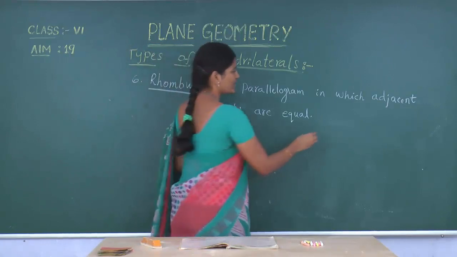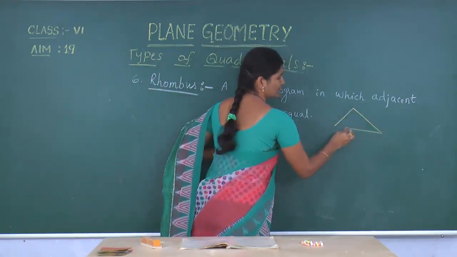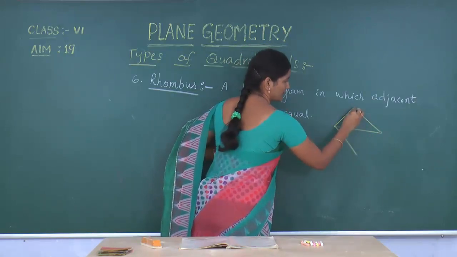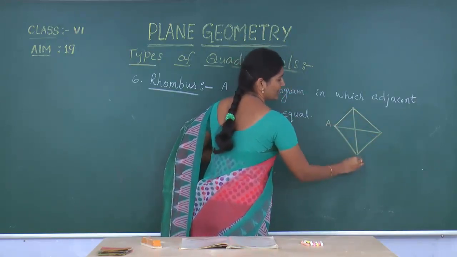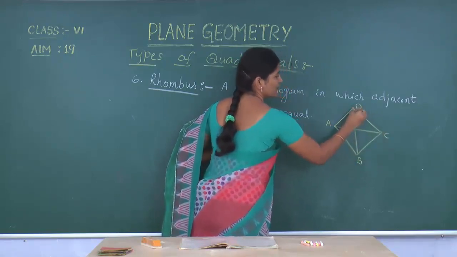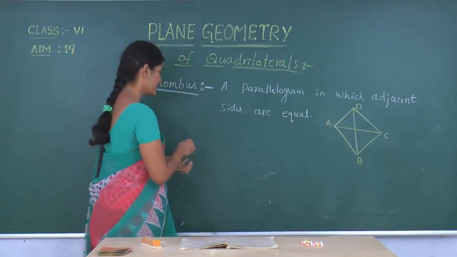Let me draw the rhombus now. Yeah, this is the rhombus, which is ABCD. And let us see some properties of rhombus.